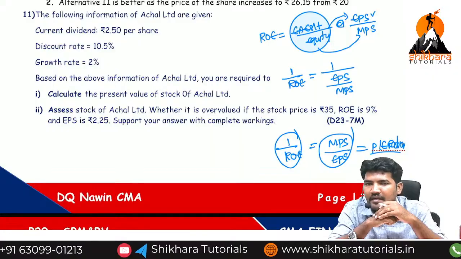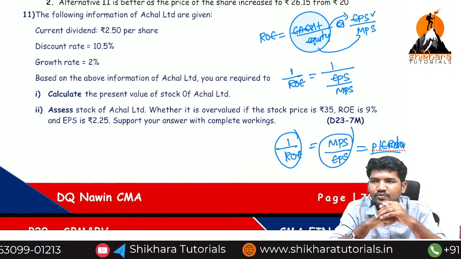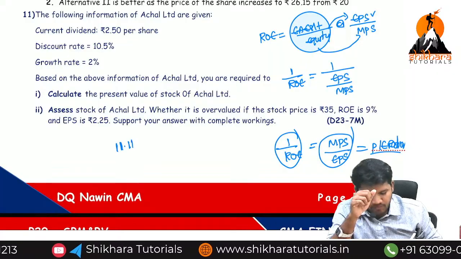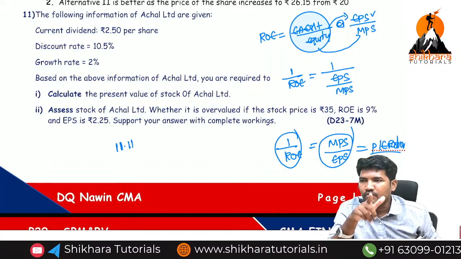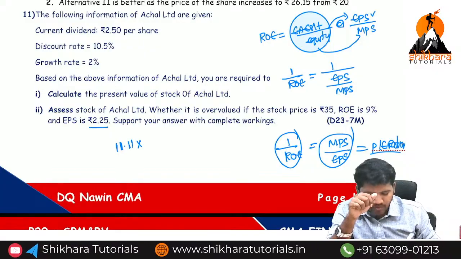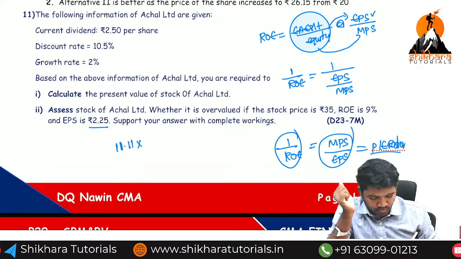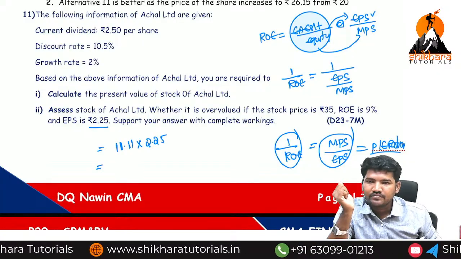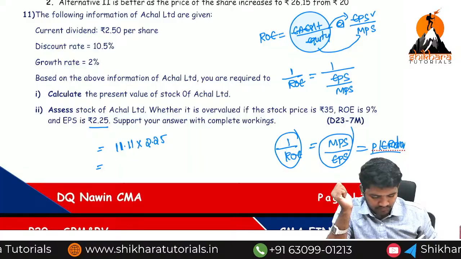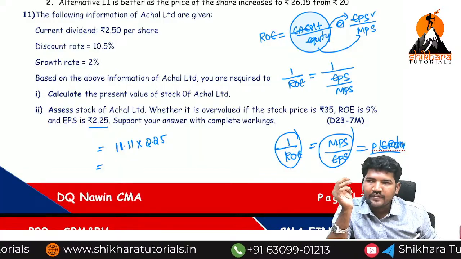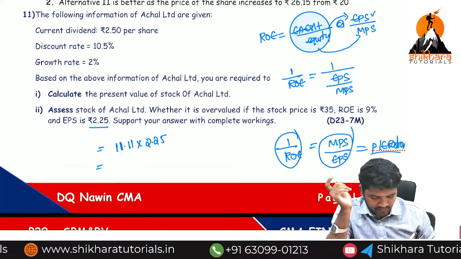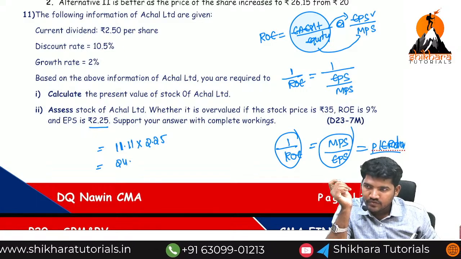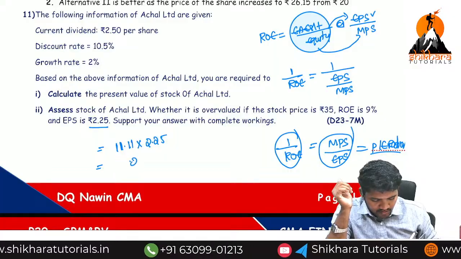Now please calculate the PE ratio. 11.11 times the EPS they gave in the question directly, 2.25. Answer? 11.11 into 2.25 is 25.